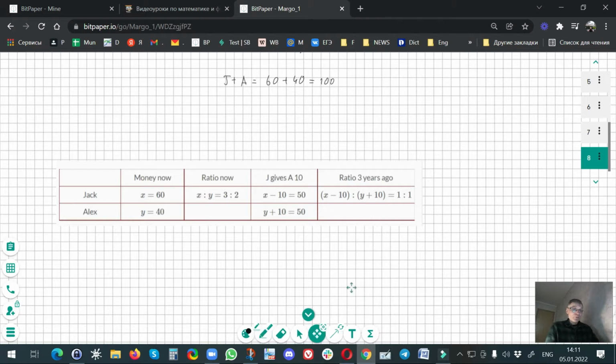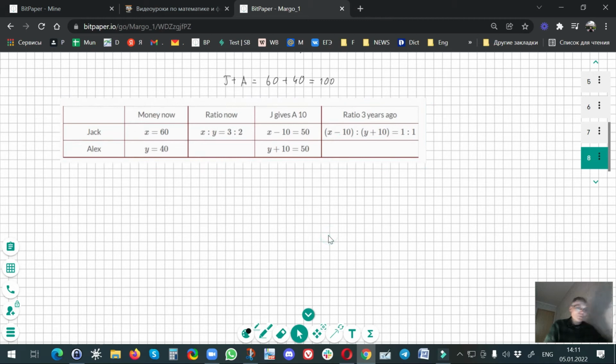If I were solving this problem, I would begin with the table, Jack and Alex. I don't know how much each of them has, so I put x and y. Money now. Ratio now.